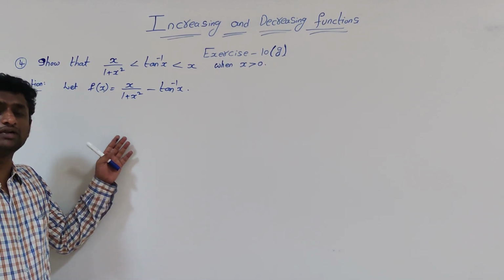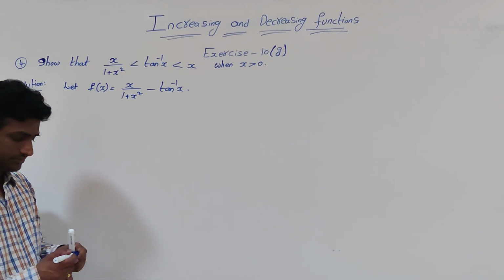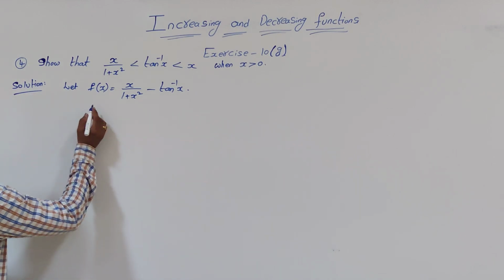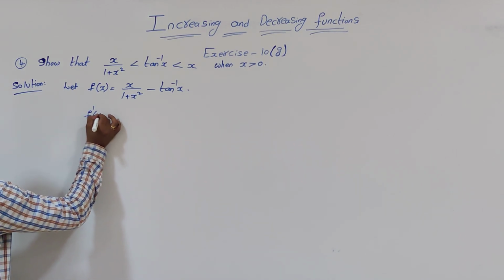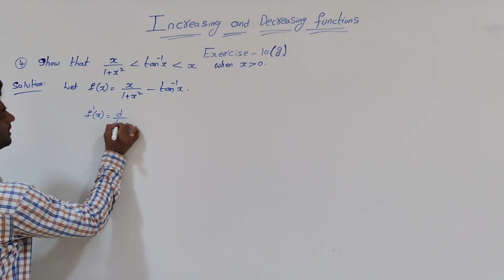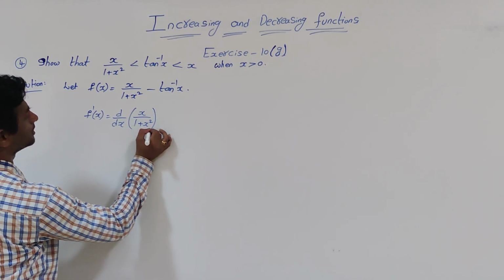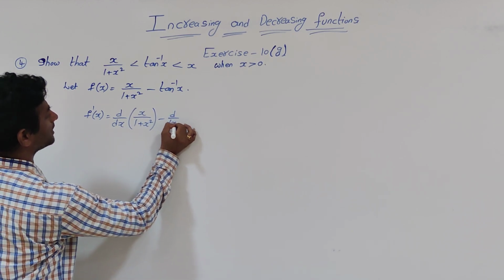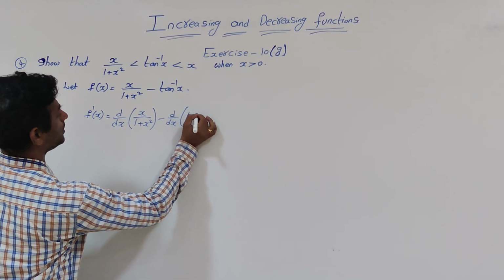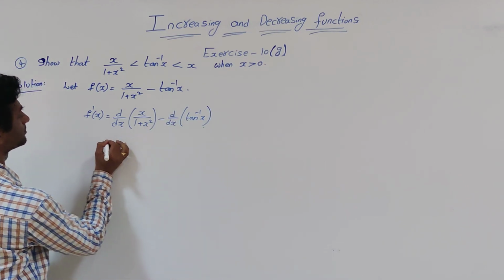Now we will try to find the derivative of this function. f dash of x will be d by dx of x by 1 plus x square minus d by dx of tan inverse of x.